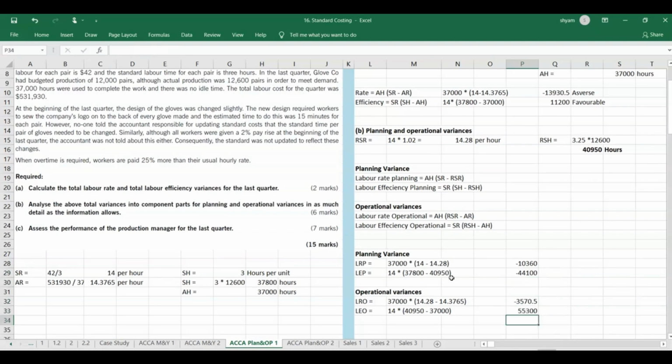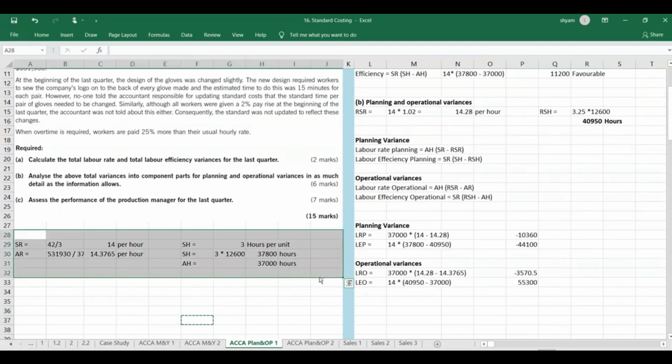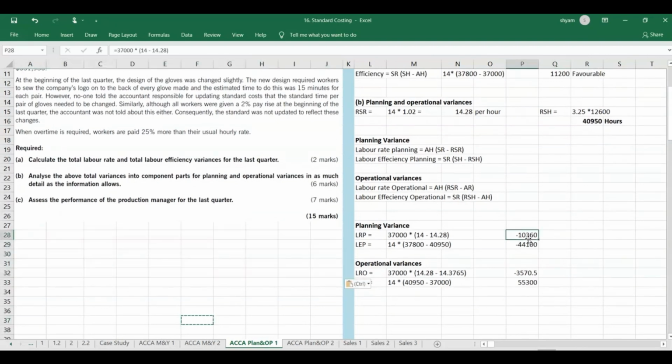We got the numbers, and let's see whether it's adverse or favorable. First we'll remove all these elements, they are not required now. Are they adverse? Yes, they are adverse. This is also adverse, adverse, favorable. So we got this. How do we interpret? We have classified into planning and operational variance.